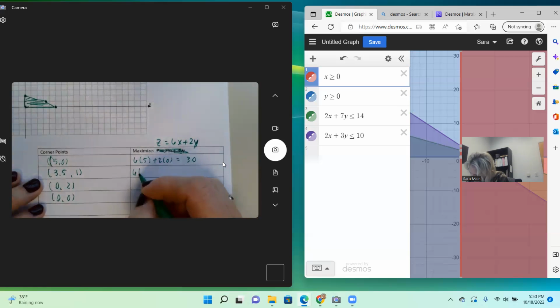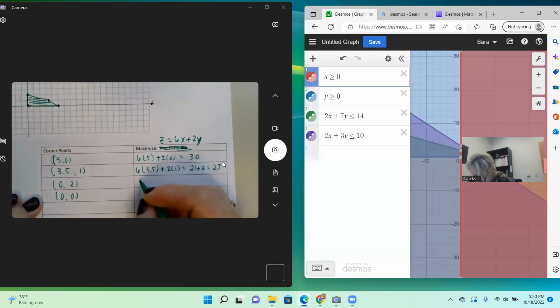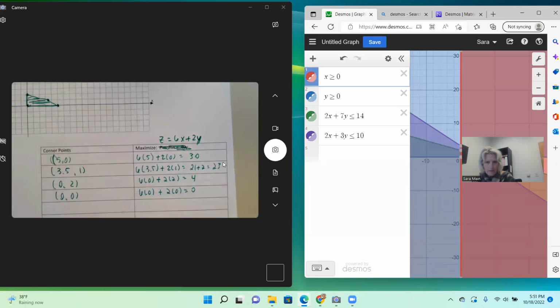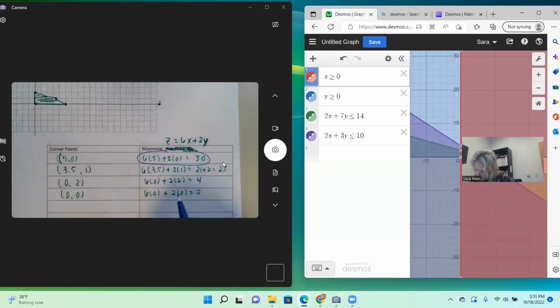So 6 times 3.5 plus 2 times 1 is going to be 21 plus 2 is 23. And then 6 times 0 plus 2 times 2 is 4. And then 6 times 0 plus 2 times 0, that makes that one easy. So it looks like this is our solution.